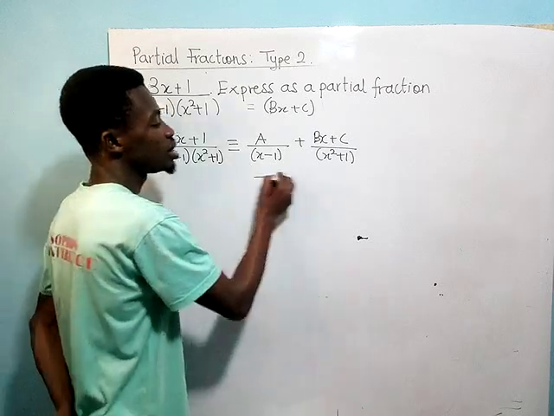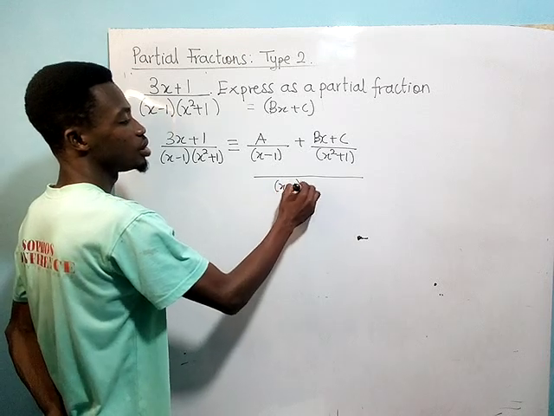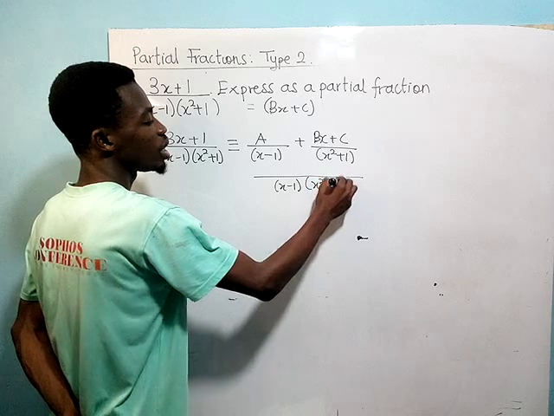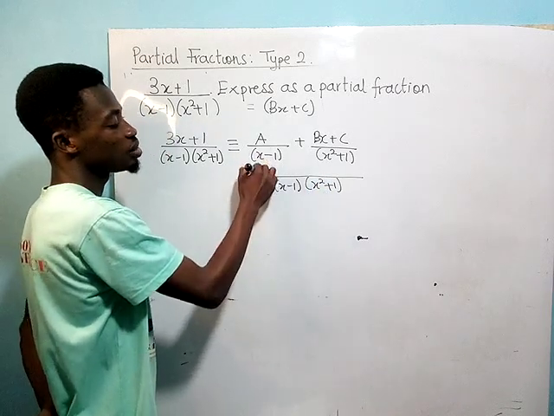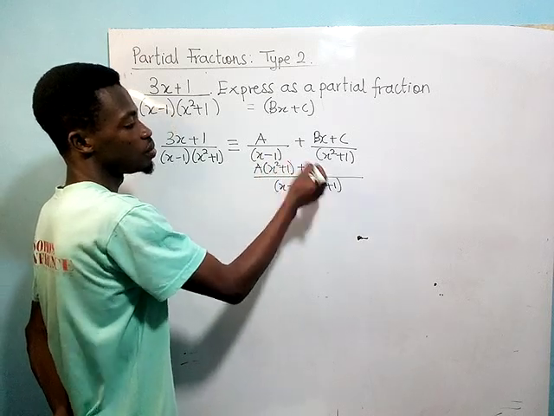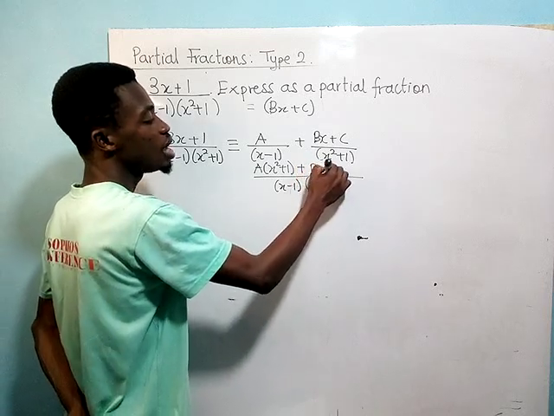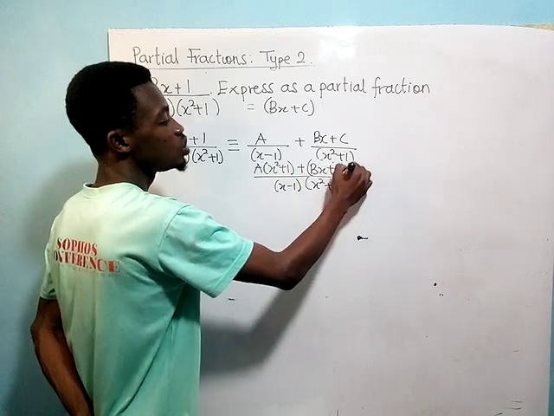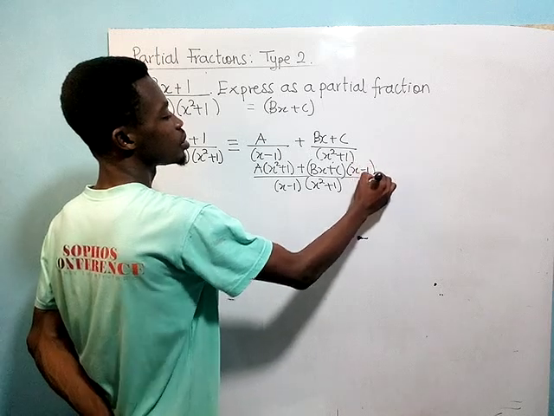We find the LCM here, then we obtain (x − 1) and (x² + 1). So (x − 1) into this is going to give us the (x² + 1) for A, plus (bx + c) into bracket (x − 1).